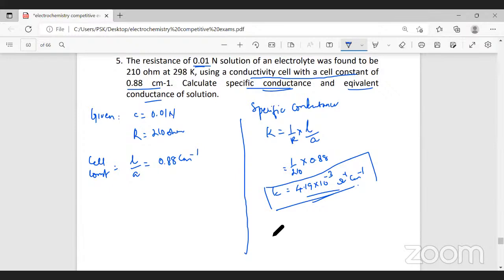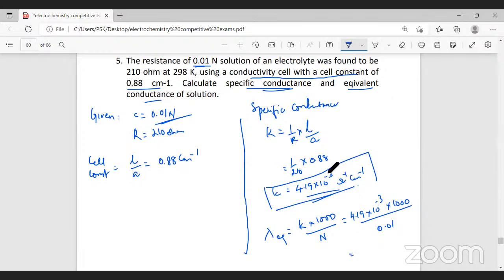Yes, sir. What is equivalent conductance? How do you calculate equivalent conductance? Equivalent conductance is given by the formula: specific conductance into 1000 divided by normality. Concentration we will generally write, but since we are talking about equivalent conductance, it is in terms of normality. Specific conductance we found out here, 4.19 into 10 to the power minus 3, into 1000, divided by the normality 0.01.